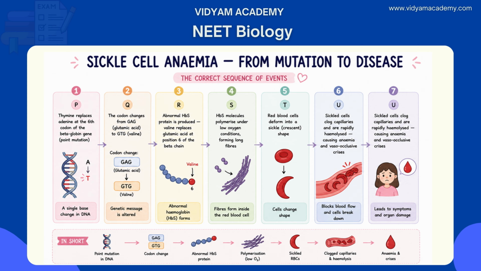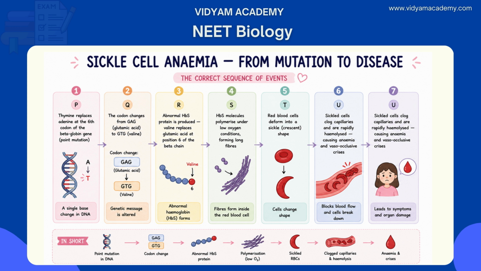S describes the biochemical consequence: HbS molecules with the hydrophobic valine exposed on the surface aggregate and polymerize under deoxygenated, low O2 conditions, forming rigid fibers inside the red blood cells. T follows: these intracellular fibers deform the normally biconcave red blood cells into the characteristic rigid sickle shape.